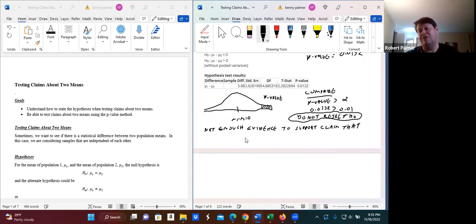So we'll say that those with low blood lead levels have higher mean IQs.